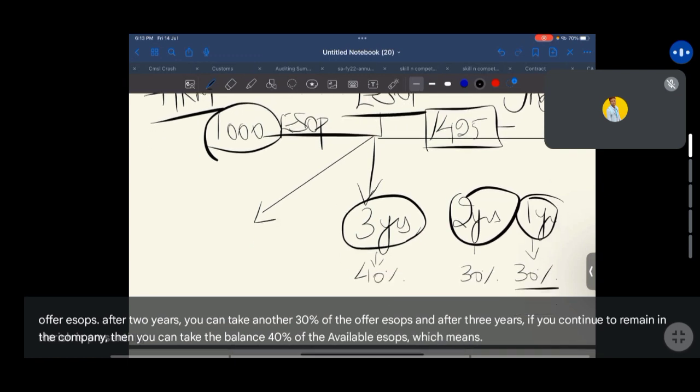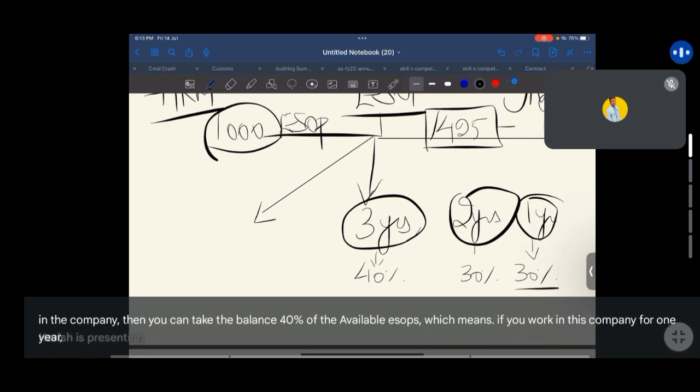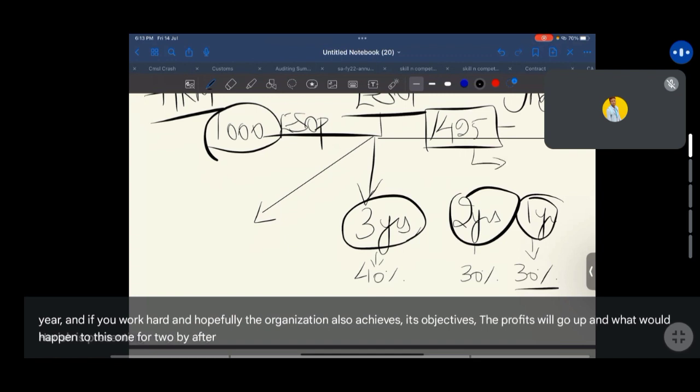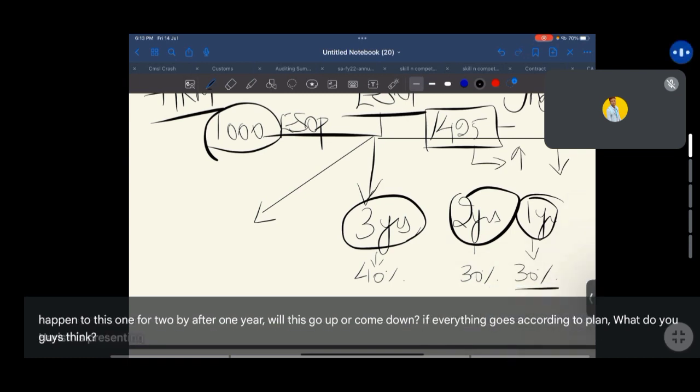Which means if you work in this company for 1 year, and if you work hard and hopefully the organization also achieves its objectives, the profits will go up. And what would happen to this 1425 after 1 year? Will this go up or come down if everything goes according to plan? What do you guys think?